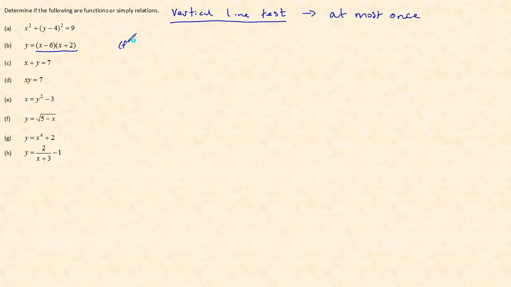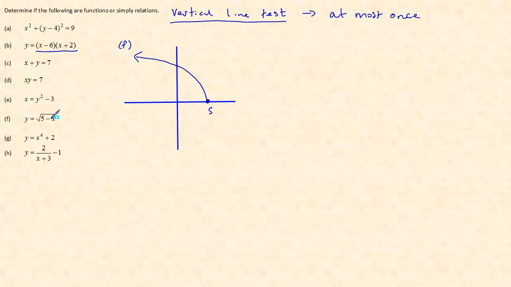Now let's look at F. So if x is equal to 5, we get 0 here. X can't be more than 5. So that one is going to be a square root curve, but it's going to start over here at 5, and it's actually going to go back this way.